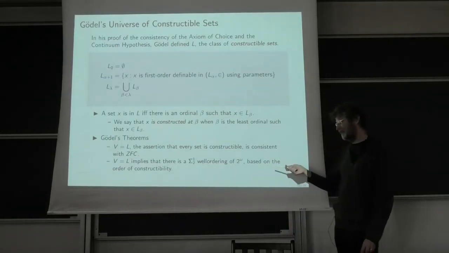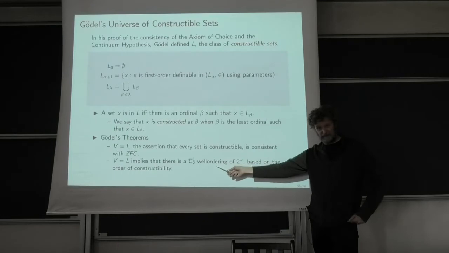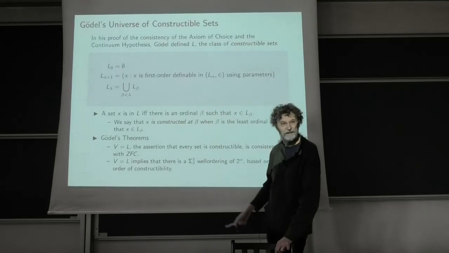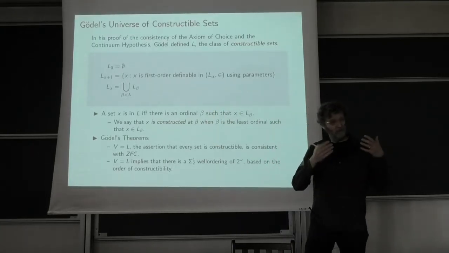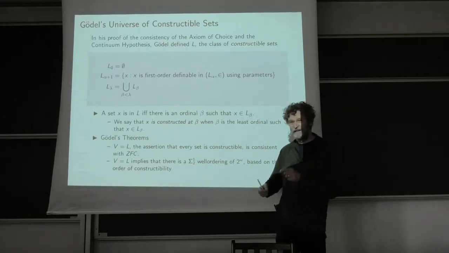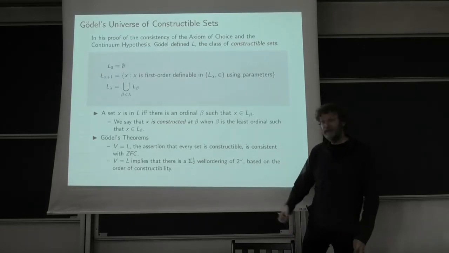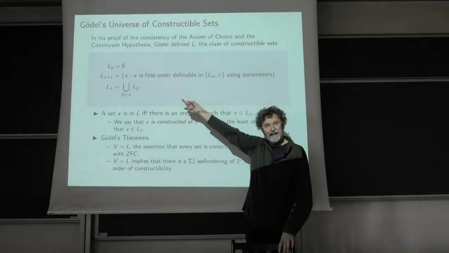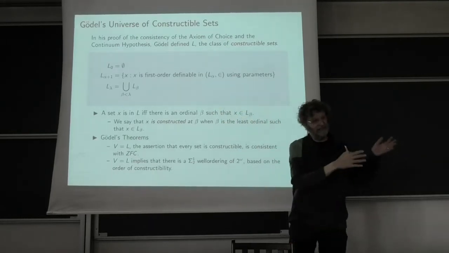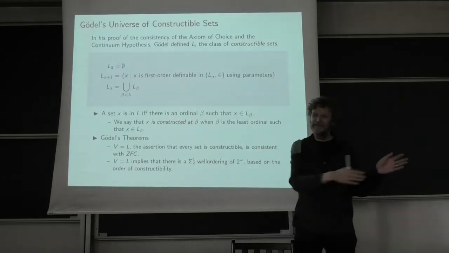The second thing that Gödel proved was a kind of consequence of it. If you look at this way of generating sets, it induces an ordering on the appearance of sets. This set is constructed before that one. They're constructed at the same height, but this definition was simpler than that definition. This way of laying out a collection of sets is definable, and it gives an order of construction that orders all the sets.